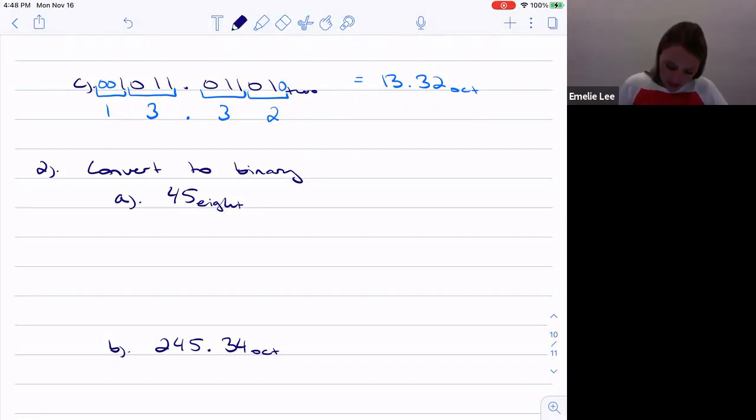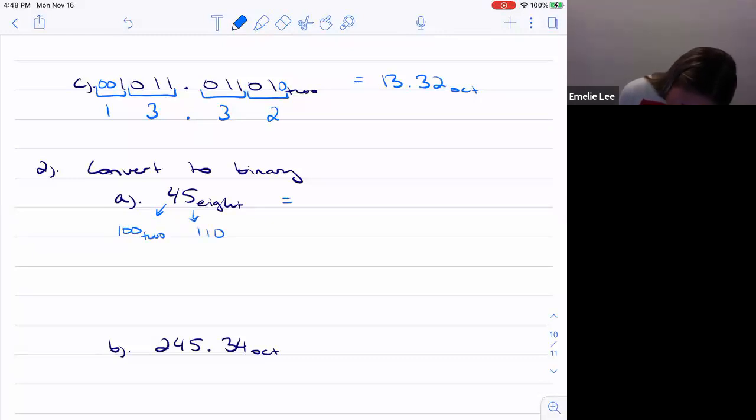So 4, 5, base 8, reading them as they come: 4 base 8 is the same as 1, 0, 0 base 2, and 5 is 1, 1, 0 base 2. What was I thinking? 4 plus 1, not 4 plus 2. So 5 is 1, 0, 1. So 1, 0, 0, 1, 0, 1 base 2.